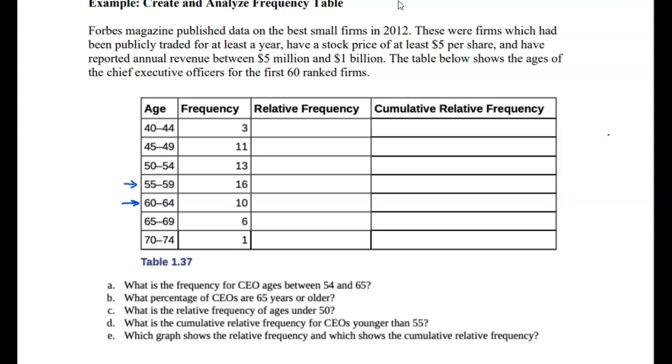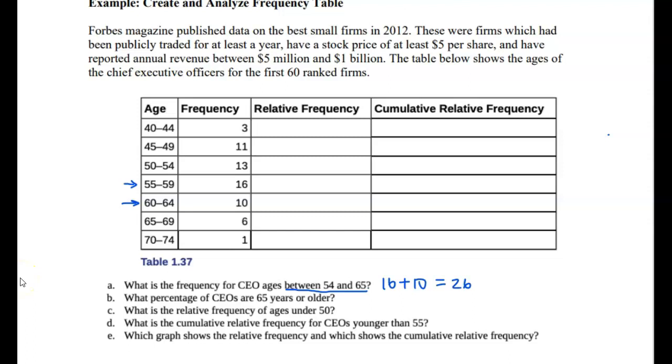Between 54 and 65, when you're told between two values and it doesn't say including, this means it does not include 54 and 65. So we're just going to look at these rows, 55 to 59 and 60 to 64. So there's 16 in that first group and 10 in the other, so that's going to be 26 in total.